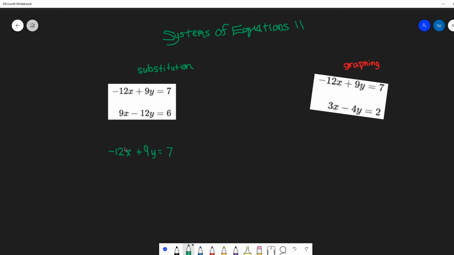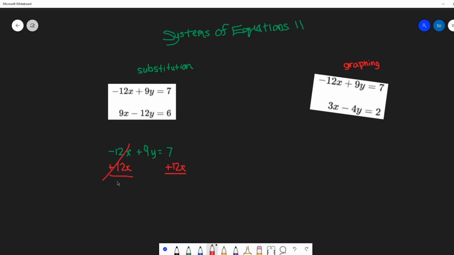And to isolate just the x, we subtract the y from both sides. Actually, no, we're trying to substitute the y. I'm sorry. So we would actually isolate the y. So I'm going to add 12x to both sides. So to begin, add 12x, and you have to do it to both sides, remember.